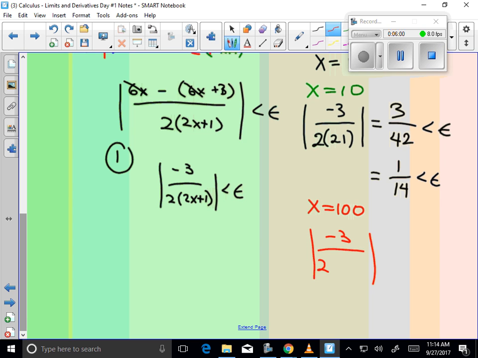So I'll have 2 times x plus 1, that'll be 201, and I get a value of 3/402. So epsilon has gotten smaller. Epsilon has gotten smaller as x has gotten larger. If that doesn't sit well with you, I'm going to pause.